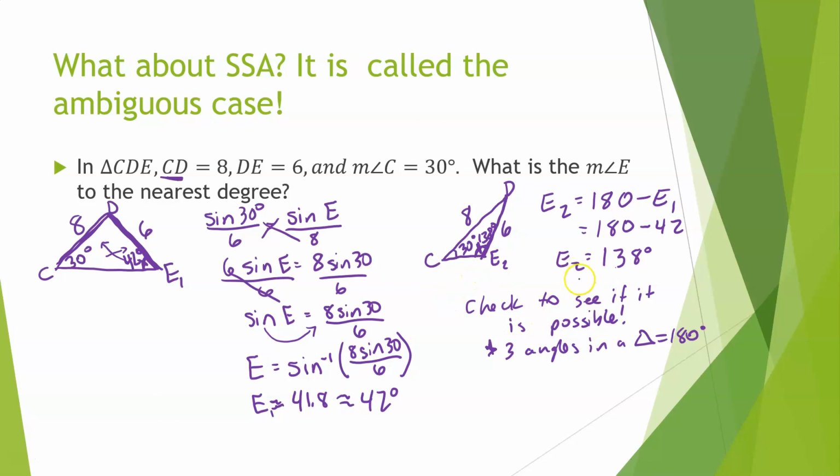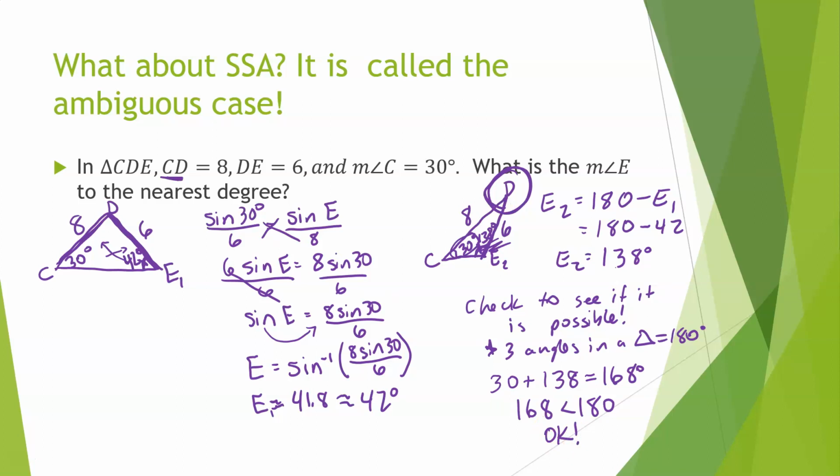So your check to see if your second angle works, take the angles you know. We knew the first angle was 30, and we know our second angle would have to be 138. If I add those together, I get 168 degrees. And since 168 is less than 180, that means I do have enough left over for a measure for angle C, so this one is okay.